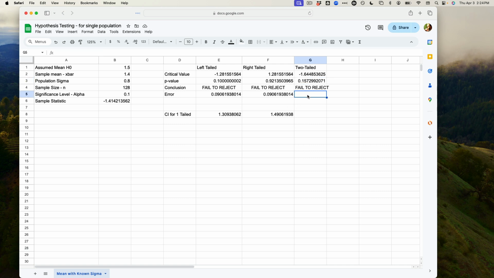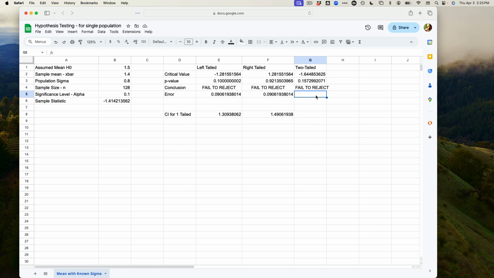Now, for my confidence interval, again, it's the same thing, okay? But it's going to be based on Z alpha over 2, not Z star. It's going to be based on a different value, okay? So what I'm going to do here, okay, remember the error was the critical Z value times sigma over square root of n, right?